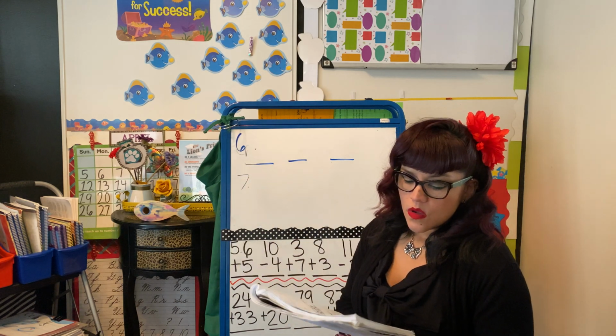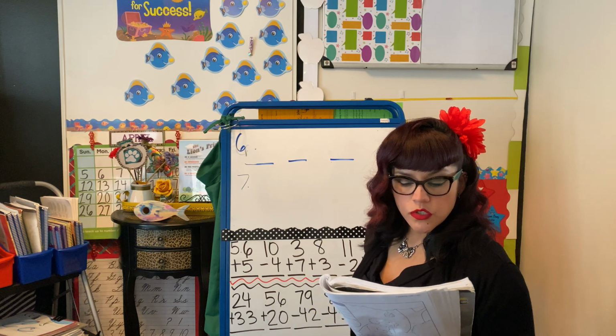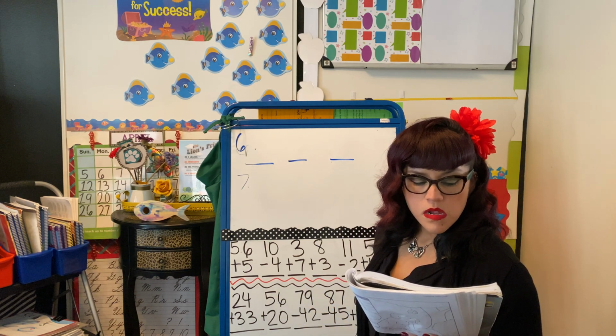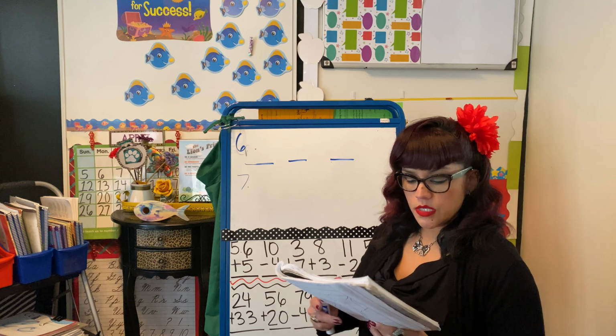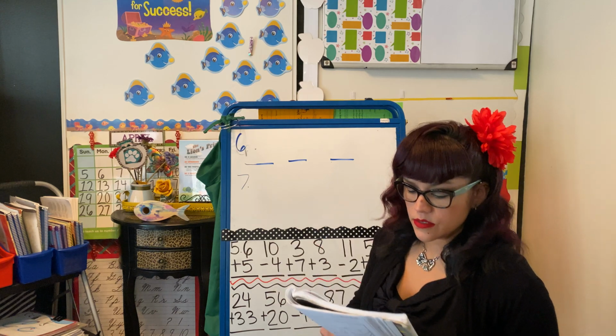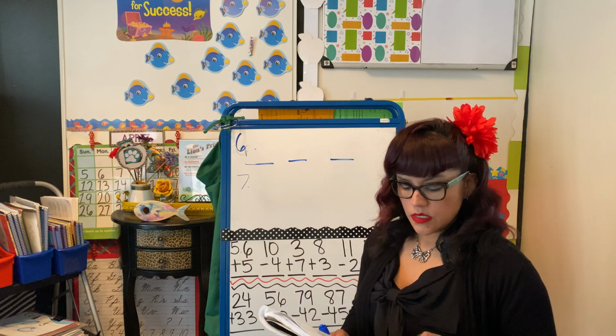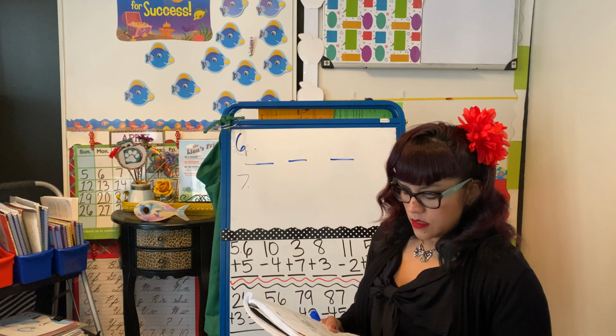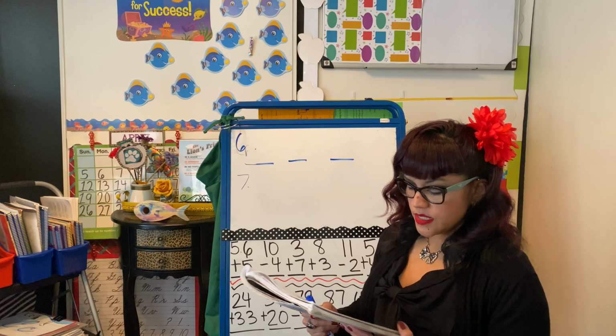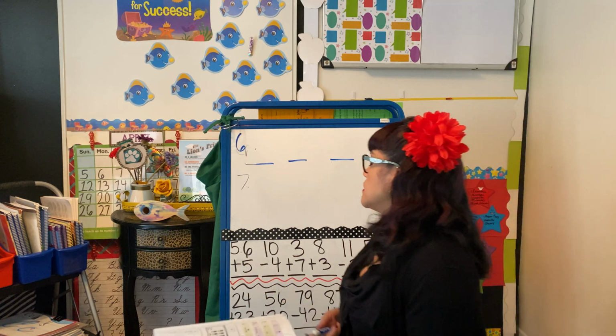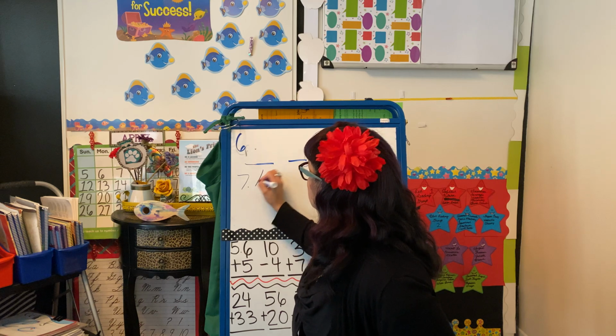For number 7, you're going to be answering some questions. Listening ears. It's A, B, C, and D that you're going to give me answers to.